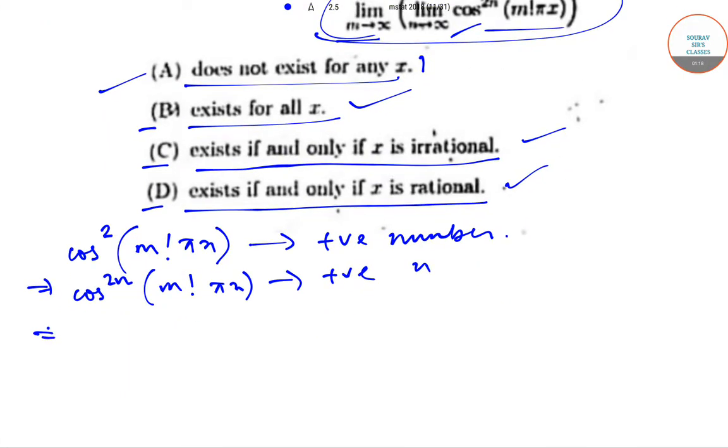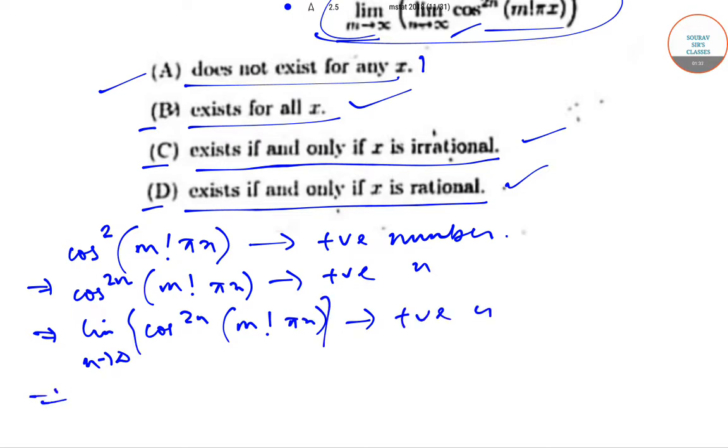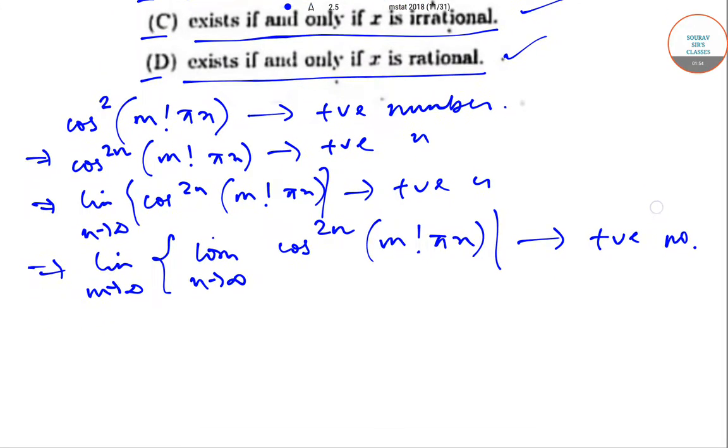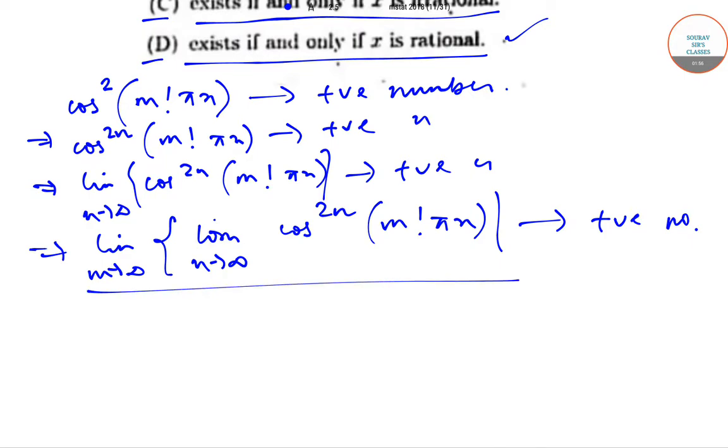So if we take a limit n tends to infinity, cos of twice n m factorial pi x, this is also a positive number. And ultimately if we take limit m tends to infinity, limit n tends to infinity, cos to the power 2n m factorial pi x, then this is also a positive number. So as you can see, this is a positive number that we have ascertained.